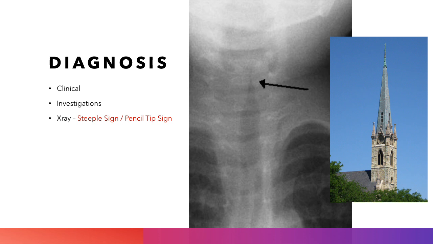So, this is what is called a steeple, and the airway of the child in case of croup looks like a steeple on X-ray of neck, and it is also known as the pencil tip sign.